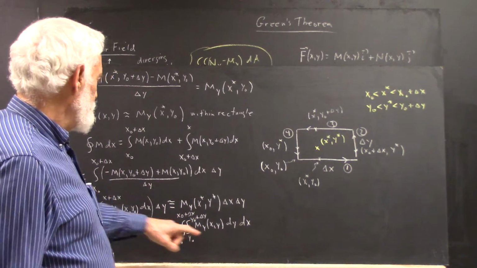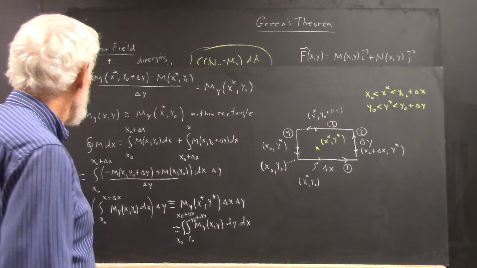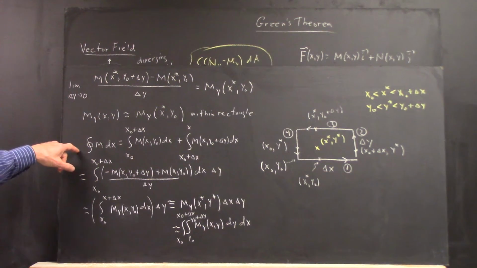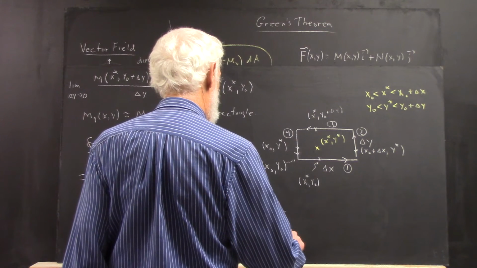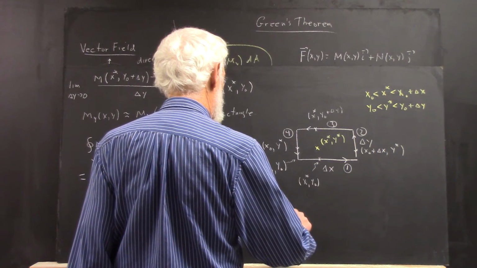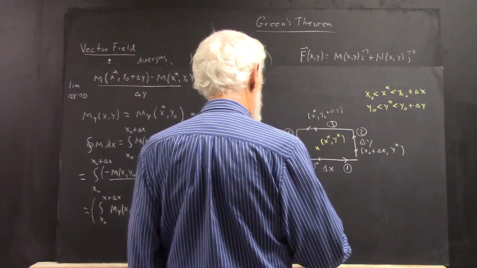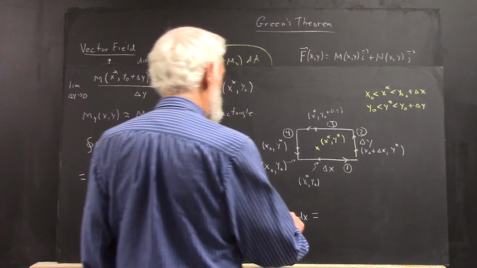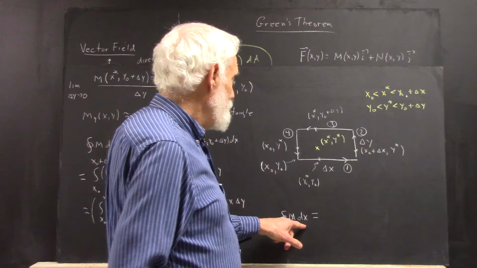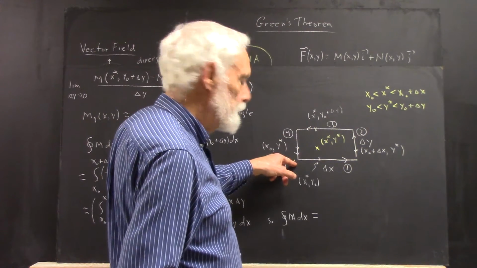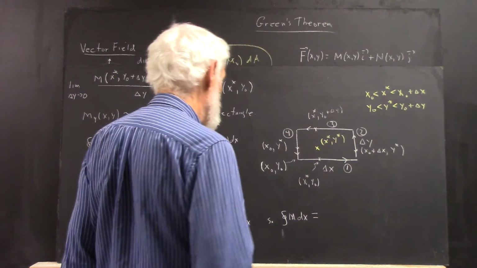But what do we have here now? Well, this is a double integral of m sub y over the region. This is the integral of m dx around the boundary, and of course dx is 0 on this boundary and this boundary, so this is the whole integral of m dx around the whole rectangle.